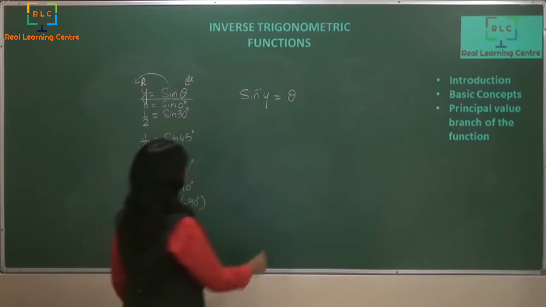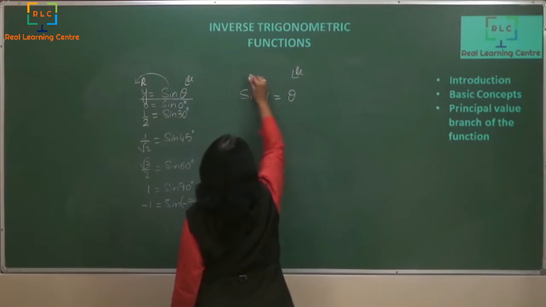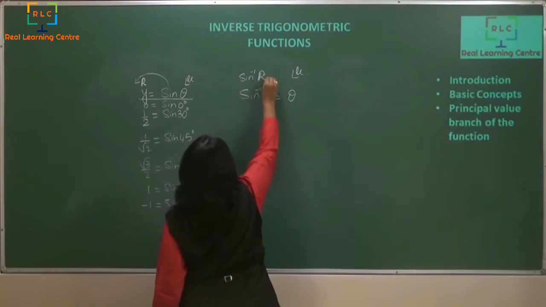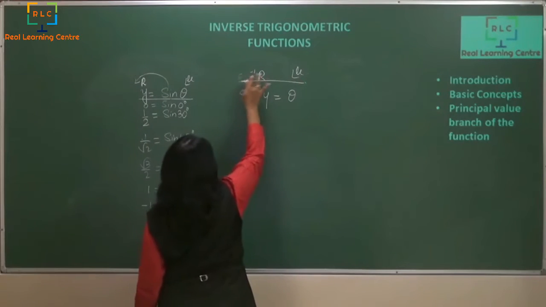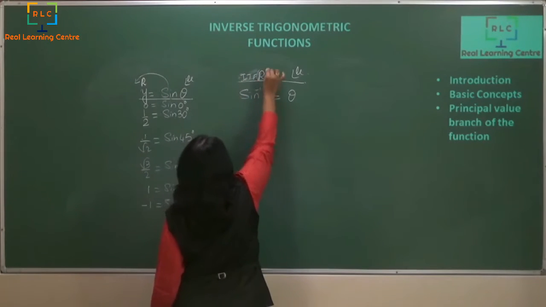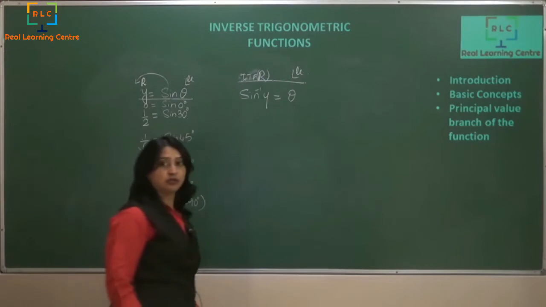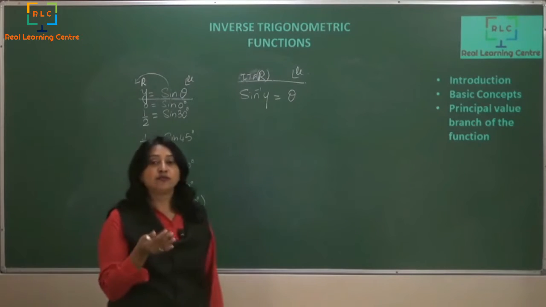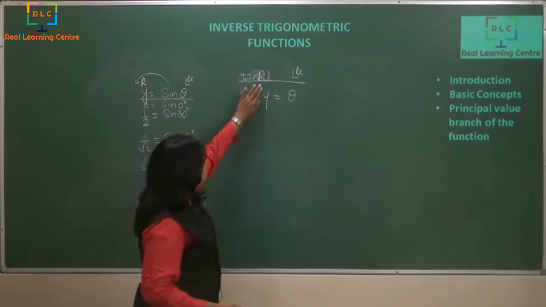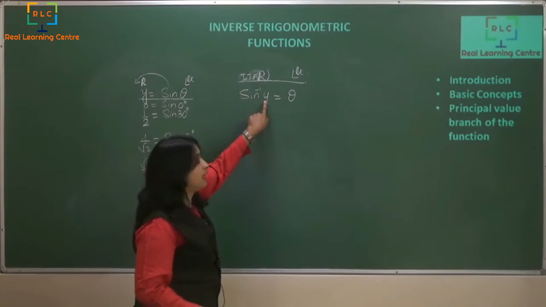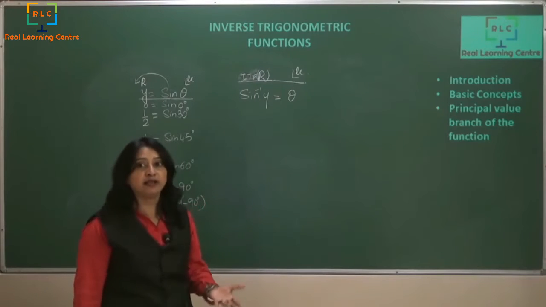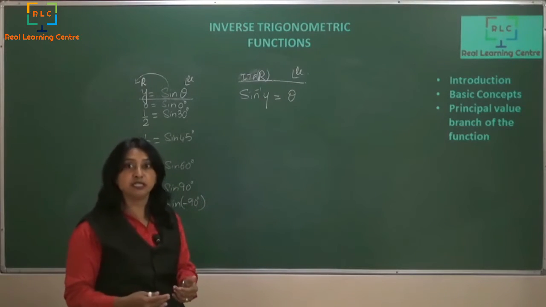So this should be an angle: outside you get an angle when you write the inverse trigonometric function of some real number. Inverse trigonometric function, ITF, I'll write. Inverse trigonometric function of real numbers should be equal to angle. So from now on, when you see inverse, please understand that beside the inverse trigonometric function it should have a number, and outside you have to tell the corresponding angle, to what angle that number comes out to be.